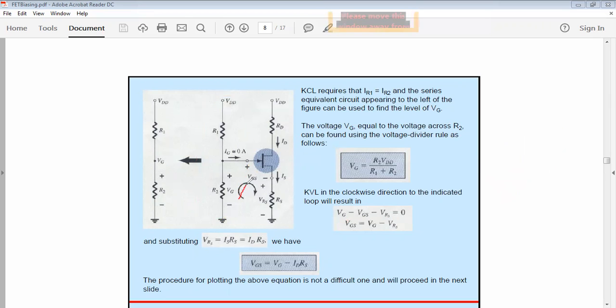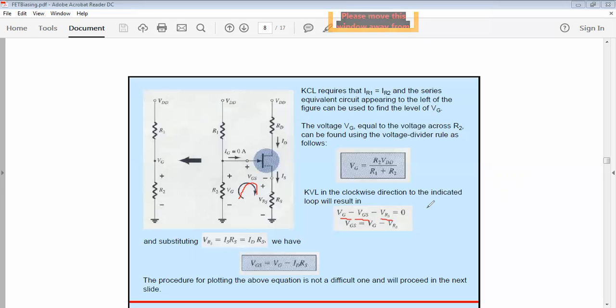Remember, this is the KVL to the base loop. Here this is VG and the current IG is equal to 0, so there is no drop across the RG resistor, right? So VG minus VGS minus VRS is equal to 0.